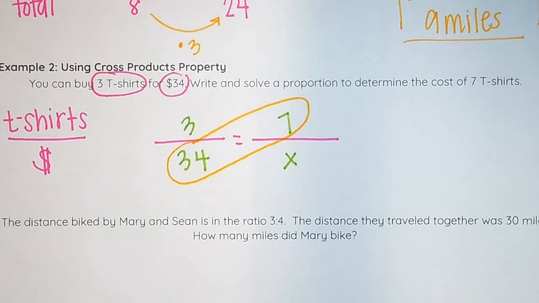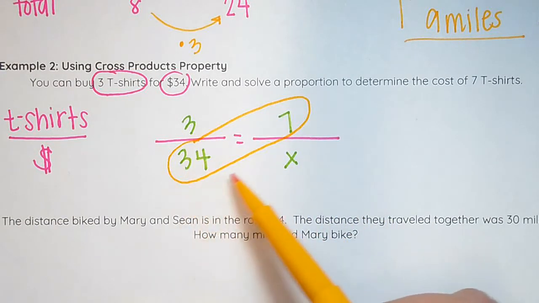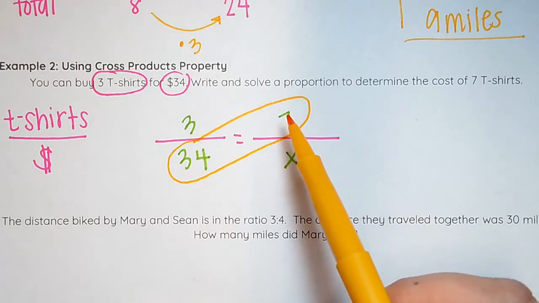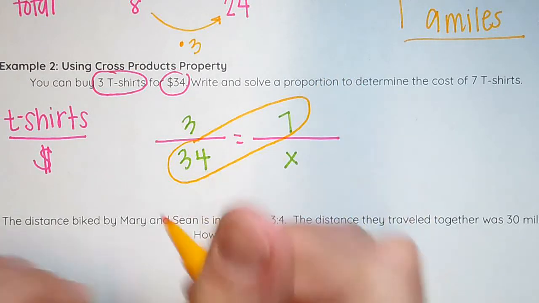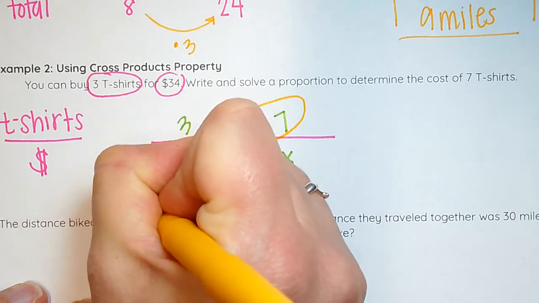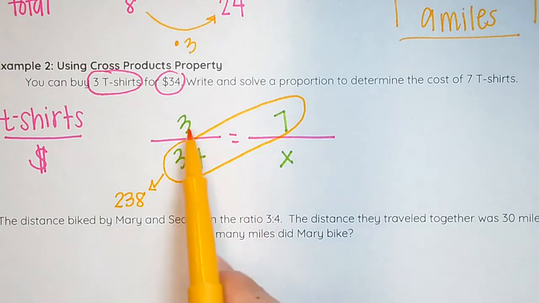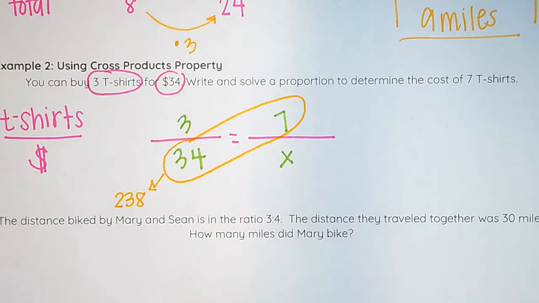To show my work for this, I circle that I am multiplying this. This right here is showing me that I'm multiplying 7 times 34. Over here, I'm going to write the product. That's 238. So then when I multiply 3 times X, I want my product to be 238 as well.